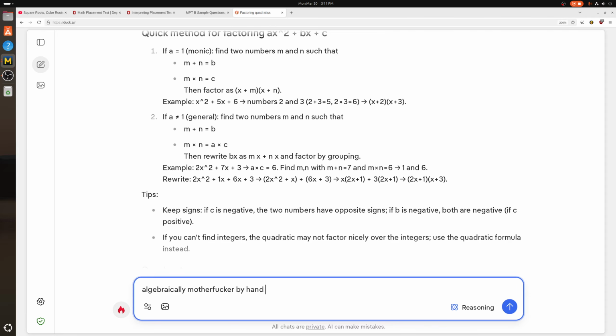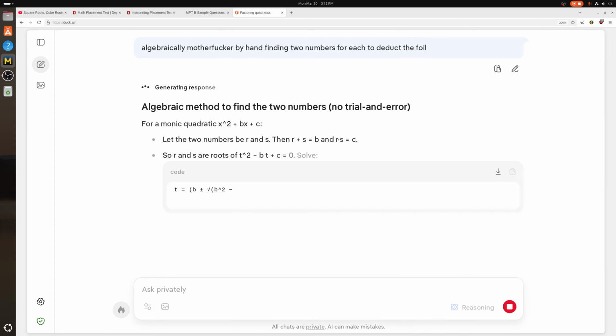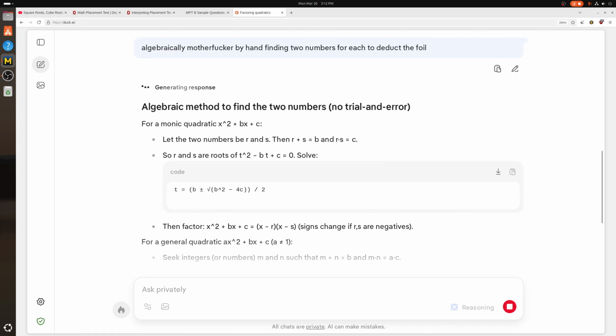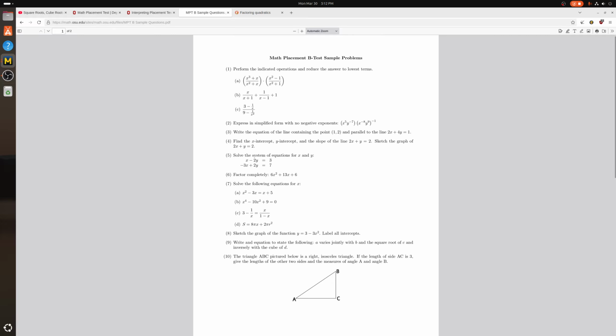By hand, finding two numbers for each to deduct the FOIL. I don't know. No trial and error. Harmonic quadrat. This is the worst thing ever. Just give me the answer. Just give me the answer.